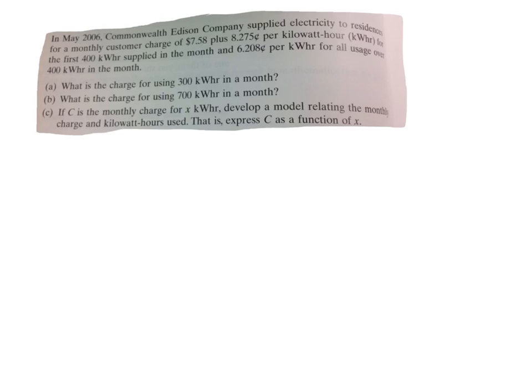But in any case, in this example, we're talking about electricity, right? In May 2006, this company charged the customer $7.58 plus a per kilowatt hour fee of 8.275 cents for the first 400 kilowatt hours, and 6.208 cents per kilowatt hour for every hour over the 400 kilowatt hours they use in the month.